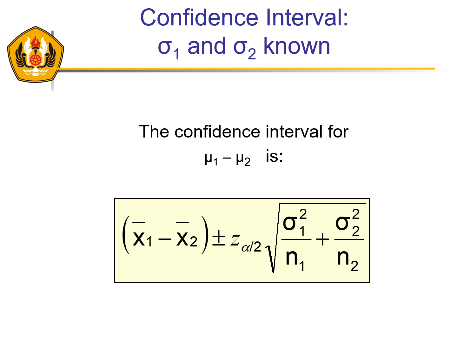So if we want to construct a confidence interval for mu1 minus mu2, we can use this formula.